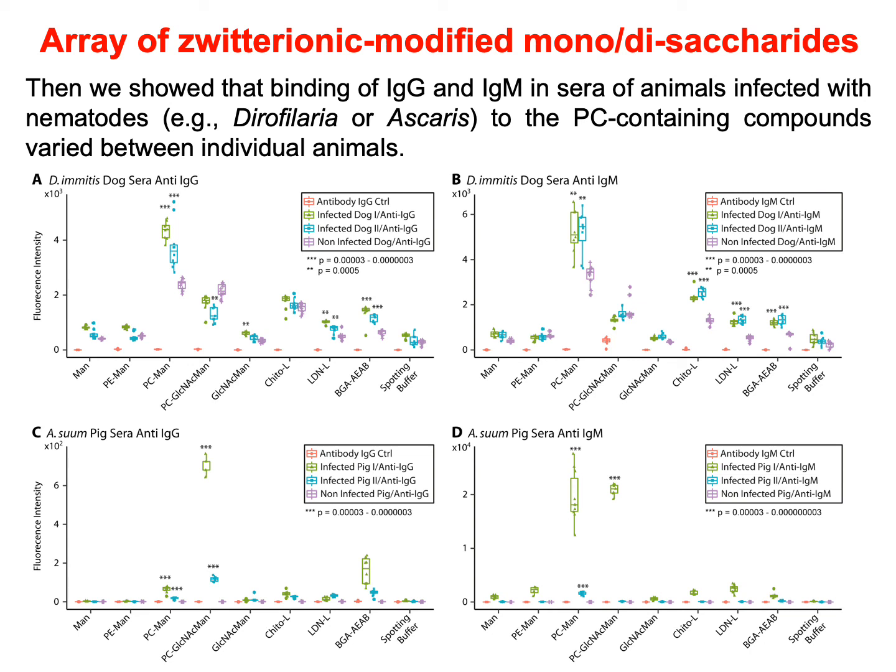And then we also looked at IgM and IgG in the sera of animals. And here we see actually a complicated pattern, with pigs infected with Ascaris, or dogs infected with Dirofilaria, and that there are variations even between individuals in terms of whether you have anti-PC binding or not.